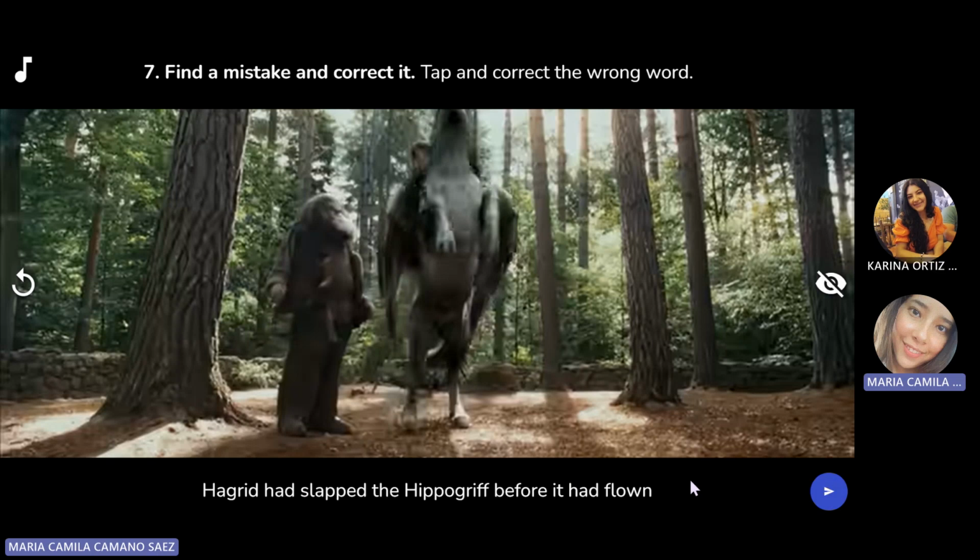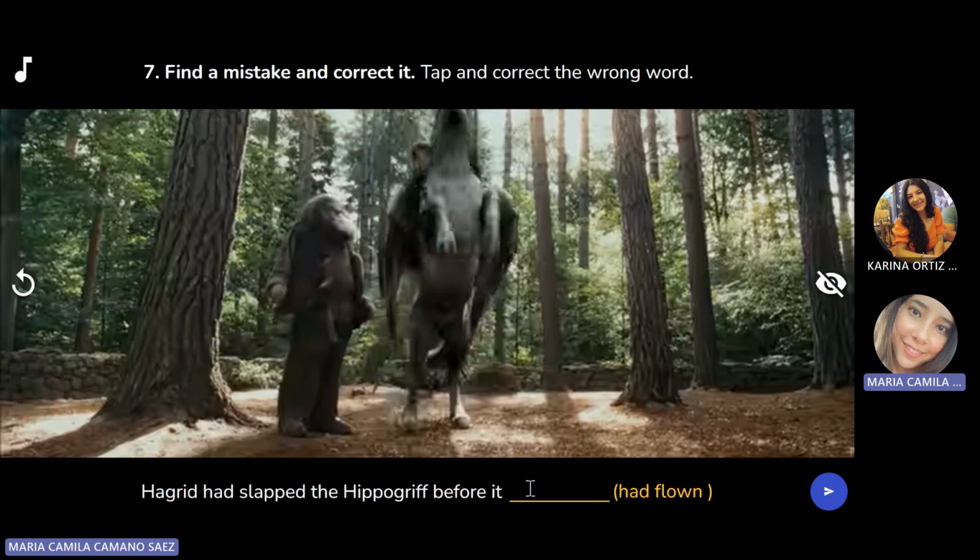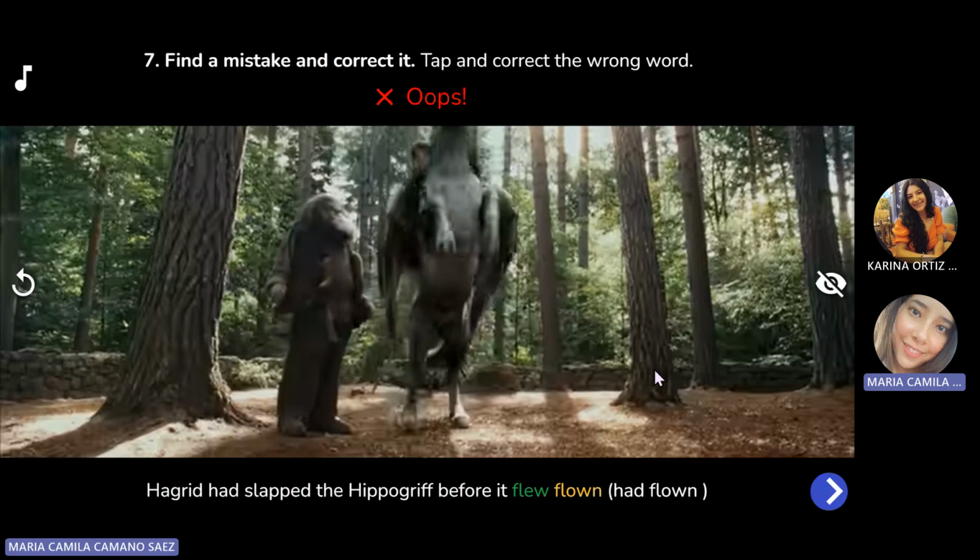The first is past perfect and the second is past simple. Then you said only flown, right? Yes. Okay.